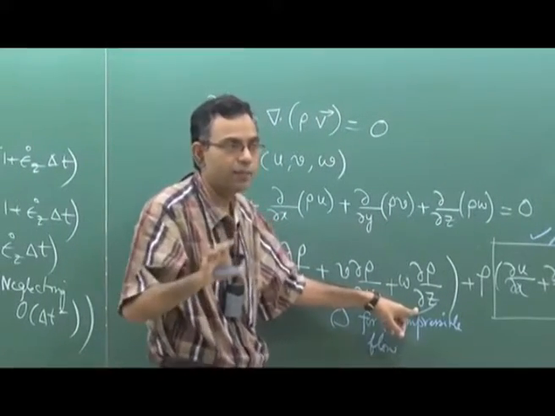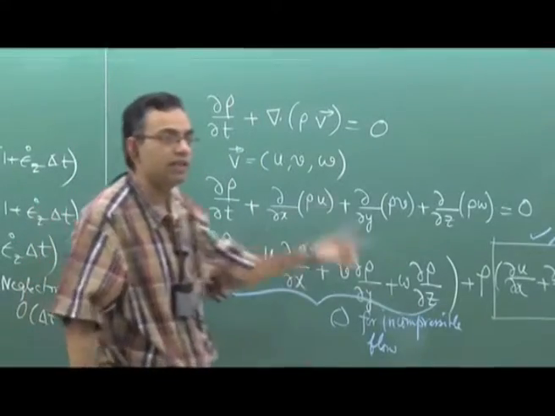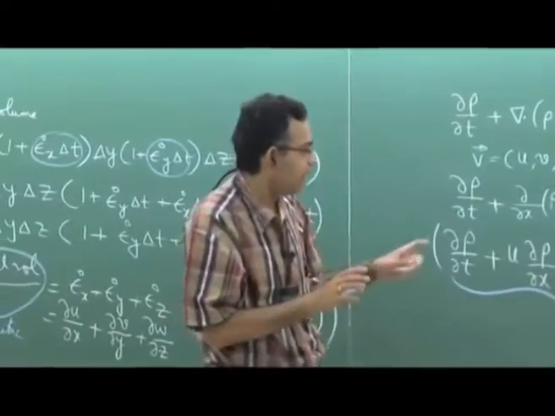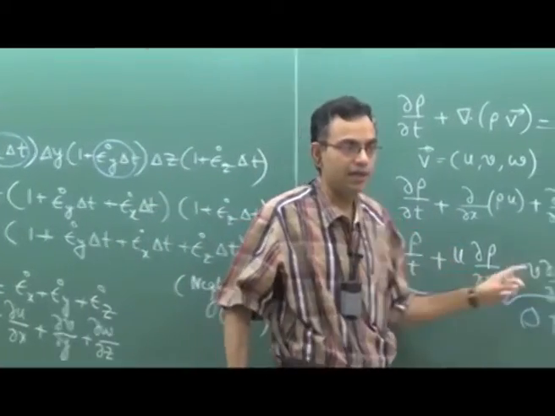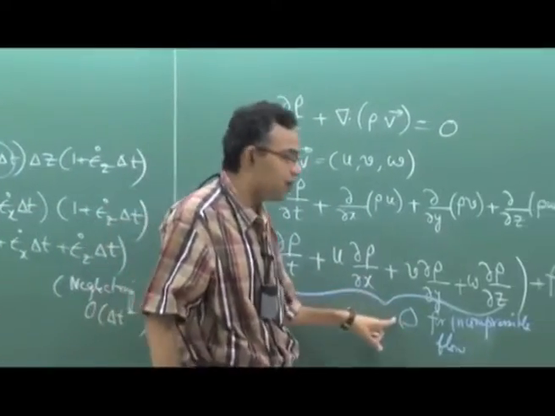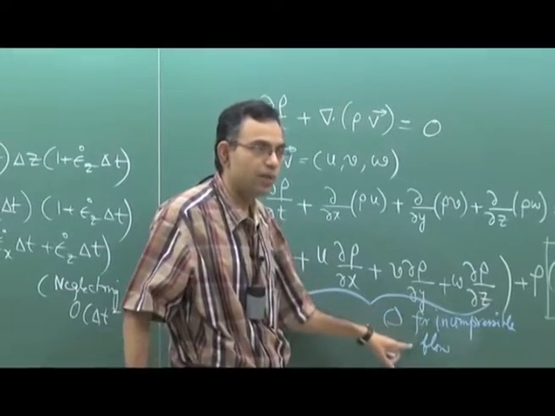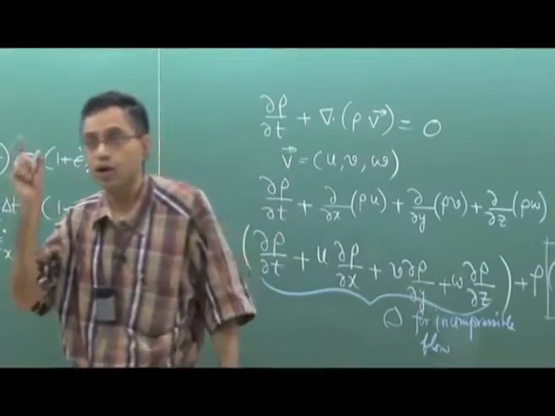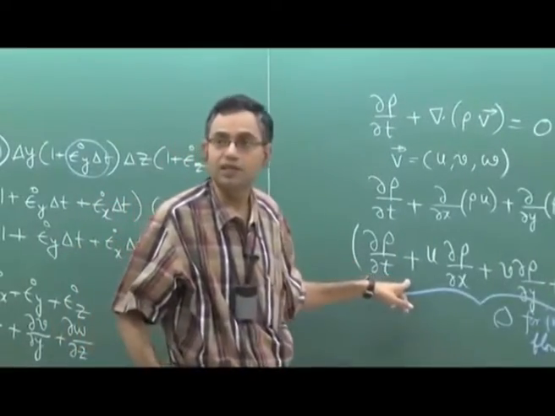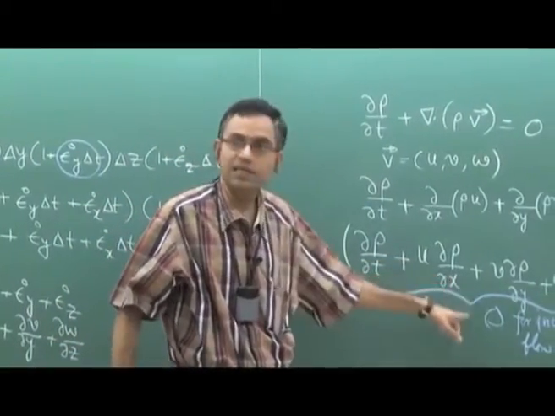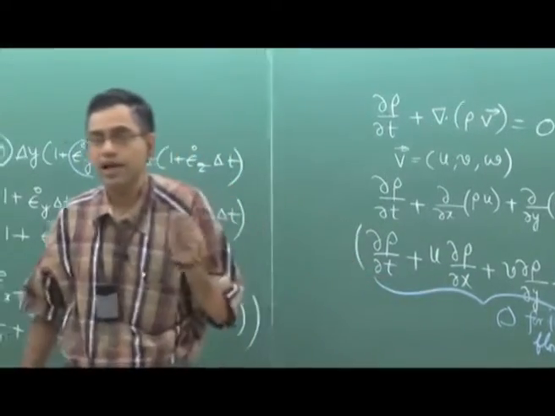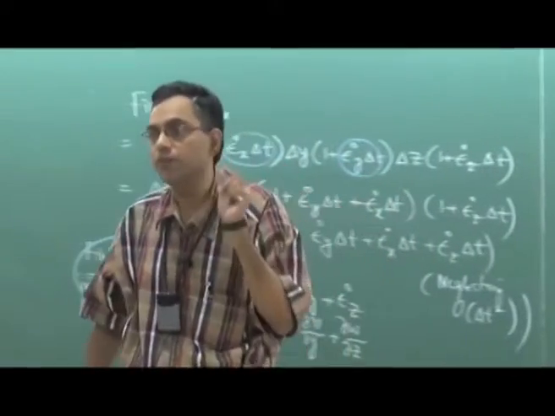I will give you an example when density is not constant but still it is incompressible flow. But first you can appreciate mathematically that this equal to 0 has to be true for incompressible flow. That does not mean that rho has to be constant, but rho equal to constant is a special case of this, because if rho is constant this is trivially satisfied. So, rho equal to constant is a special type of incompressible flow.